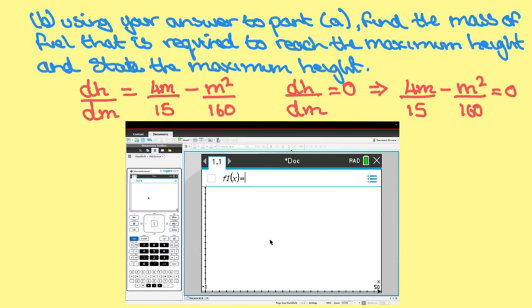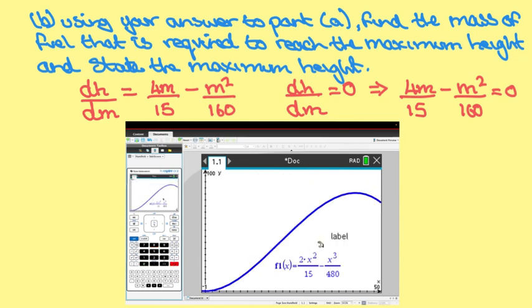Now I'm going to type in my function, which is 2x squared divided by 15 minus x to the power of 3 divided by 480. Enter, and there's my function.